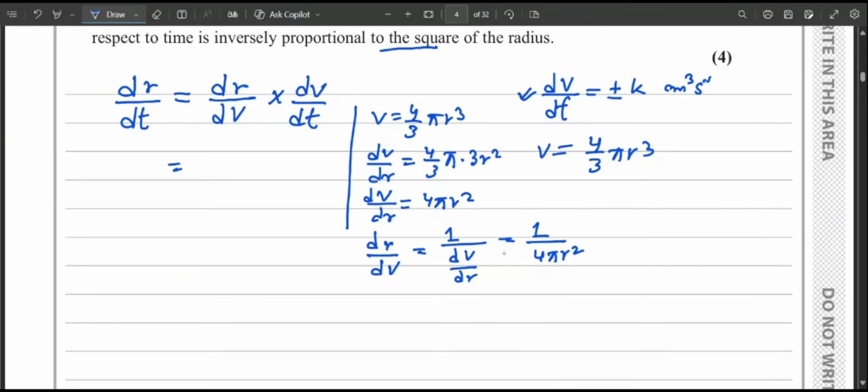We can now substitute the relevant expressions in our relating rate equation. So dr by dv is equal to 1 by 4 pi r square into dv by dt, which we know is equal to plus minus k.